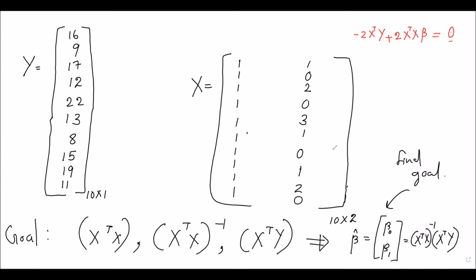It's a vector. So this is going to be X transpose Y plus X transpose X beta, because these two cancel out. Then we take this to the other side. So here we are left with this.